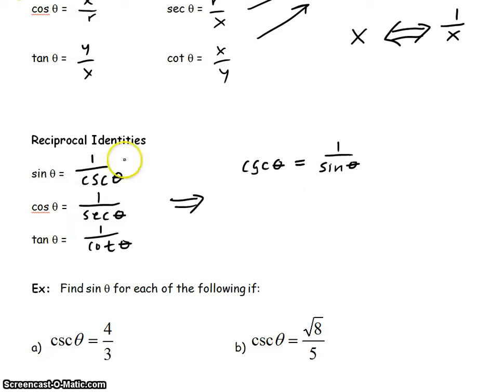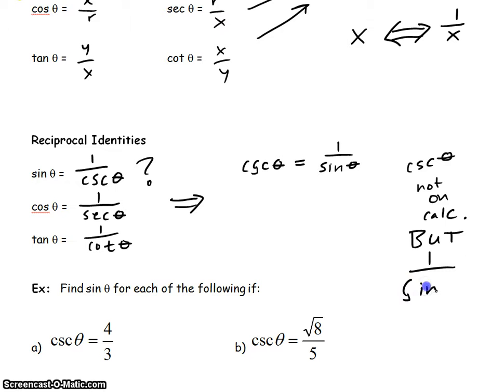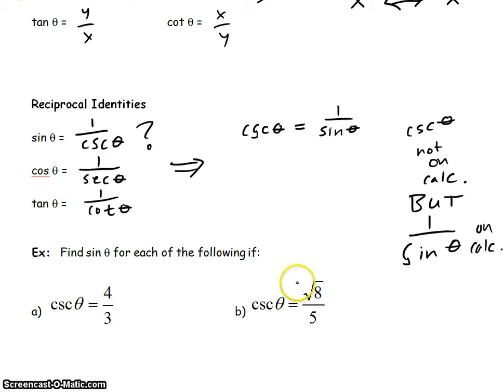Now why is this useful? This is useful because we don't have cosecant on the calculator. But we can always put 1 over the sine of something because the sine is on the calculator. So I can use this. We just have to write it as a fraction.